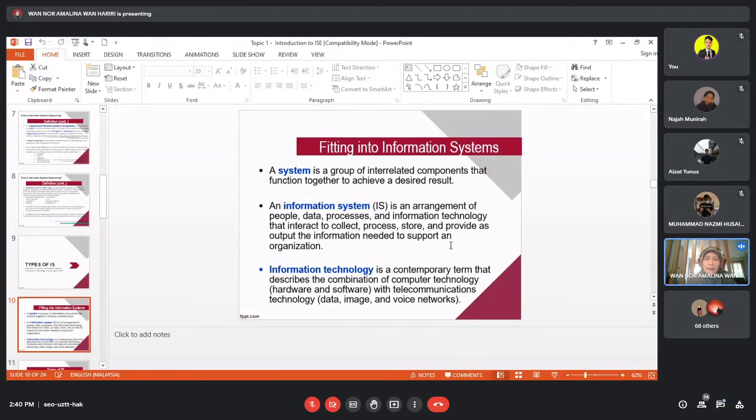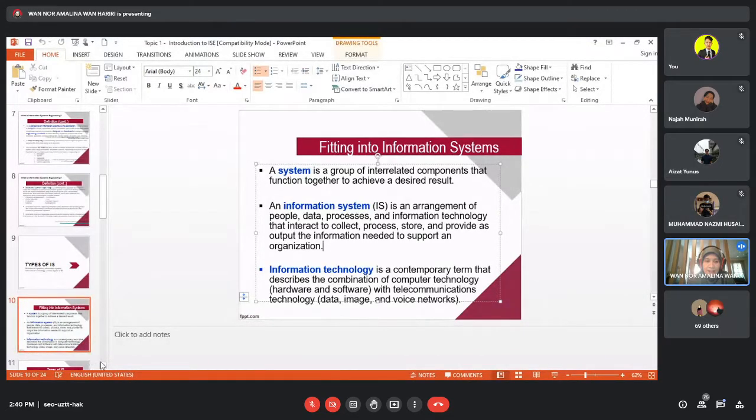Okay. And provide as output the information needed to support an organization. That is why before you derive to the system that you are developing, you will have to understand the organizational business needs. It's very significant to understand that, right?